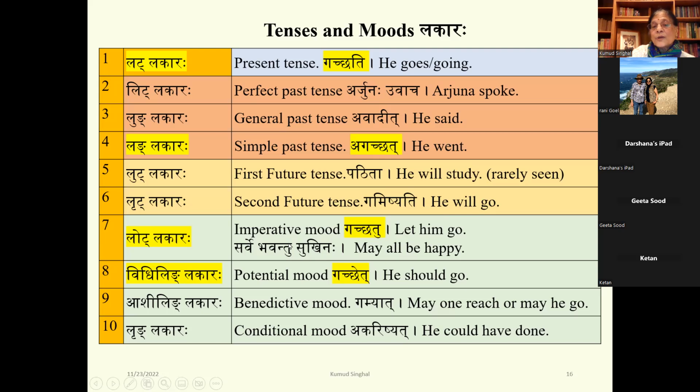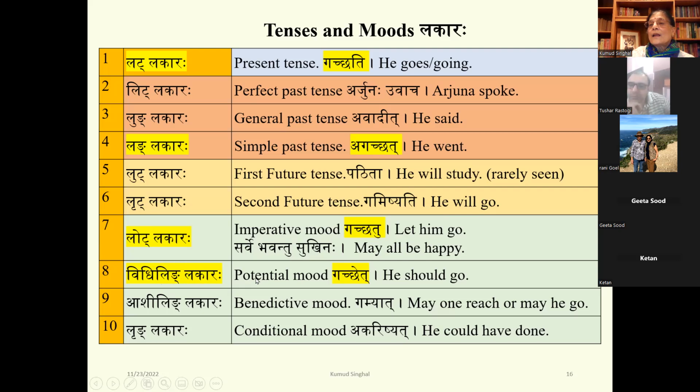So bhavantu is in imperative mood. May all be happy. Then you have vidhilinga lakara, which is called potential mood. Gachet, he should go. So we are going to study lat lakara, lang lakara, lot, and vidhiling.